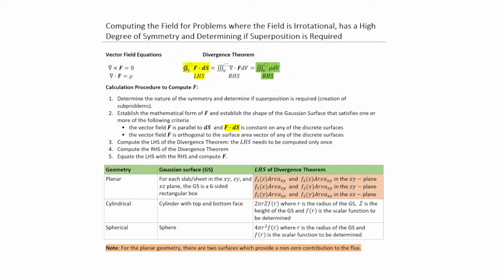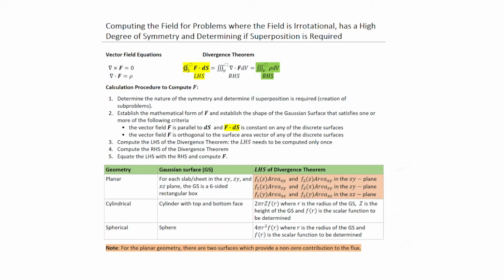Now, I put a table here which is more or less the same as the table that we showed in a previous lecture. I'm not going to go through it in any detail. The only thing of interest is to note here that for planar geometry, there are two surfaces which provide a non-zero contribution to the flux. So it turns out you have to do this in two steps.